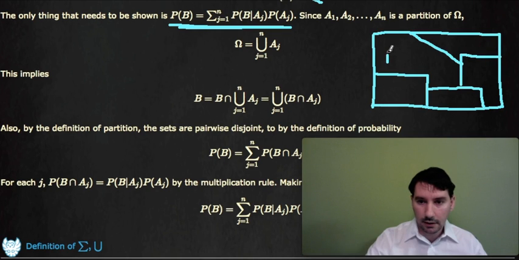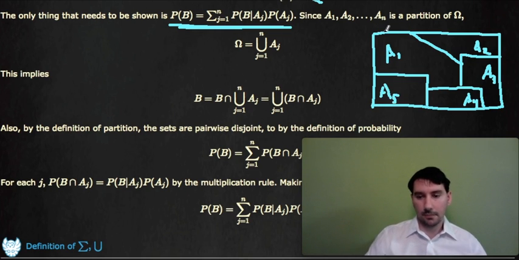That could be like A1 and A2 and A3 and A4 and A5, and it doesn't have to be 5. In this proof, we just go to n, so it's just some way to chop up omega into a bunch of pieces. And they're disjoint, right? So there's no overlap between any of these. Each one is its own individual piece.